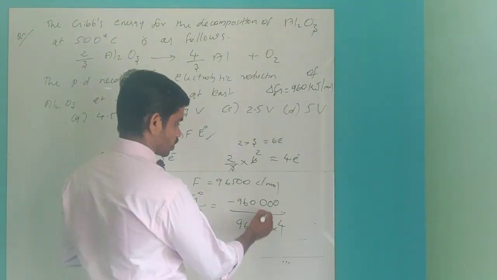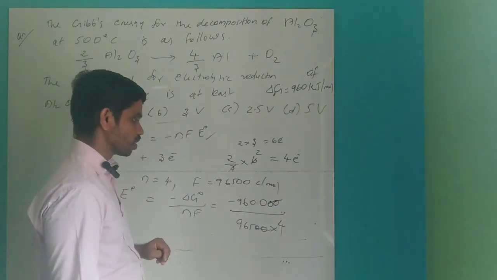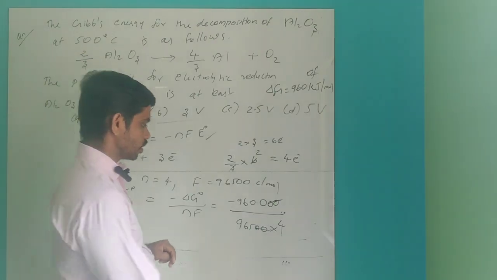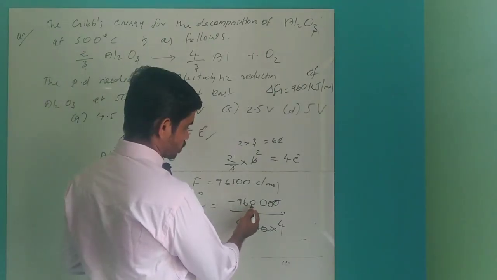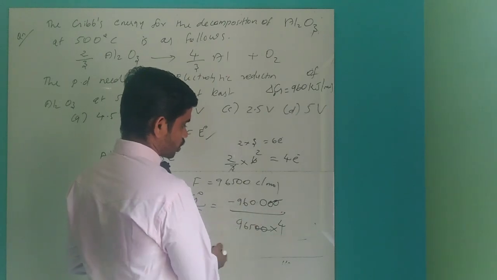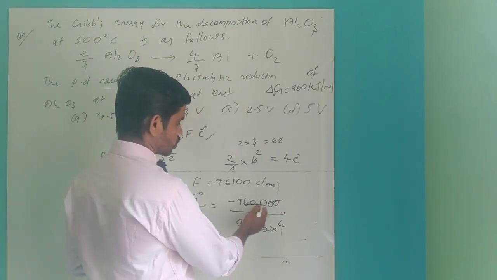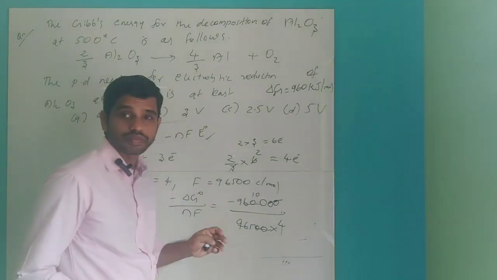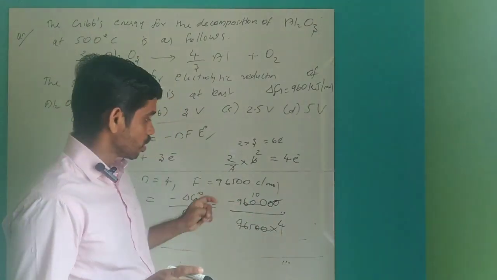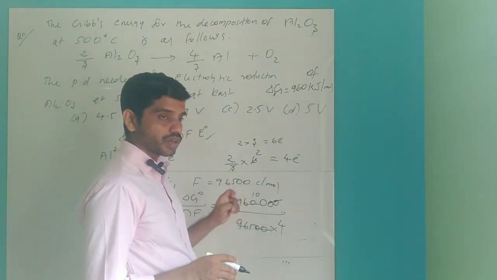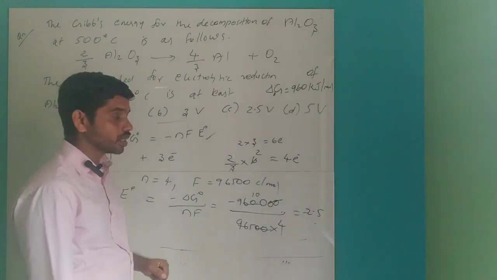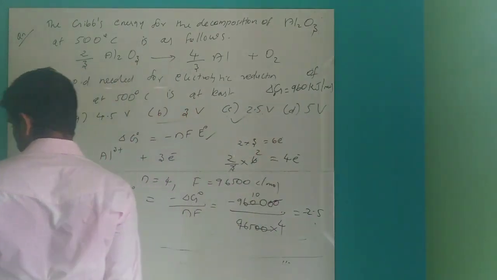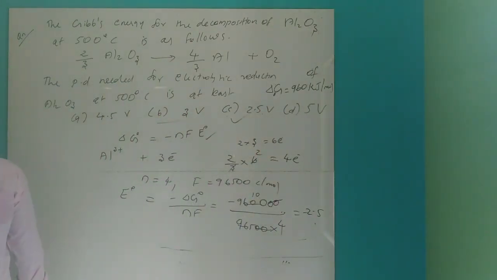The zeros we can cancel, it is 965 and this is 960, so almost this will be 10, not the accurate value. So minus 10 by 4 is 2.5. Option C is the right answer, 2.5 volt.